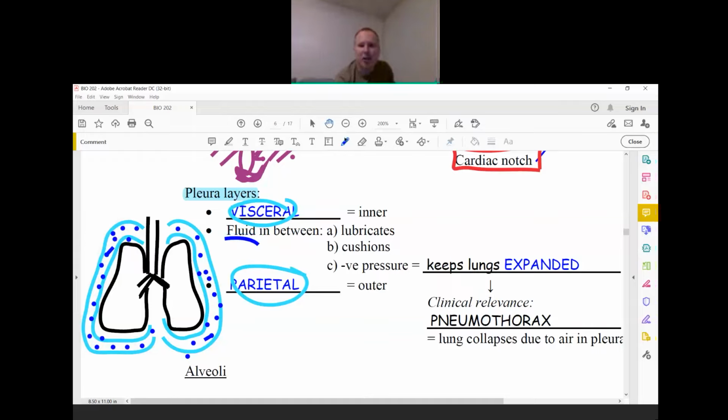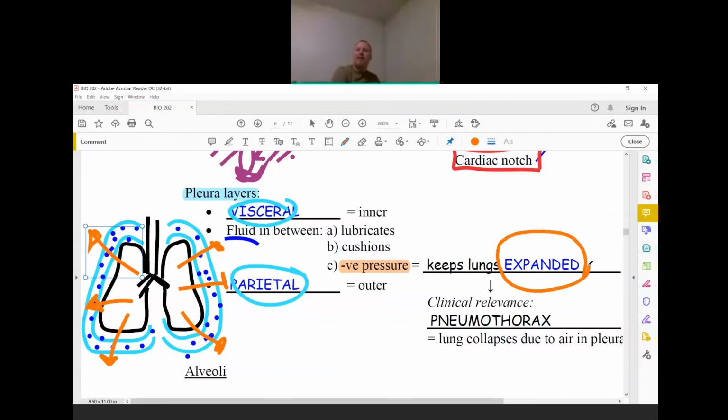And this negative pressure is going to be important for us as we are trying to understand the physiology of the lungs. So this negative pressure is a force that causes the lungs to be pulled to be as large as they can be towards the lateral surfaces of this thoracic cavity. So the negative pressure generated by the pleural layers keeps the lungs expanded.